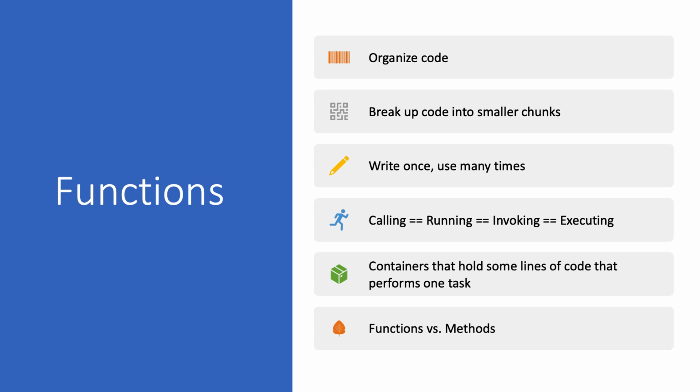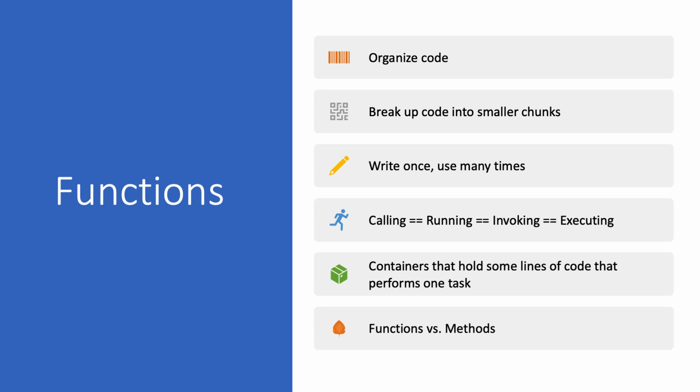Alright, so we have been writing code for some time now, which is fine and all, but we need to learn how to write code that is organized. In other words, we can break up our loose code into smaller chunks of manageable and maintainable code, and those chunks of code are what we call functions. And one great advantage of using functions is that we can write it once, then we can use it many times down the road.